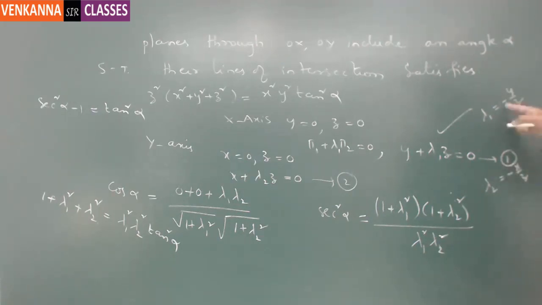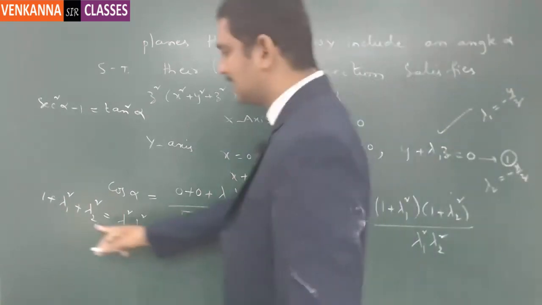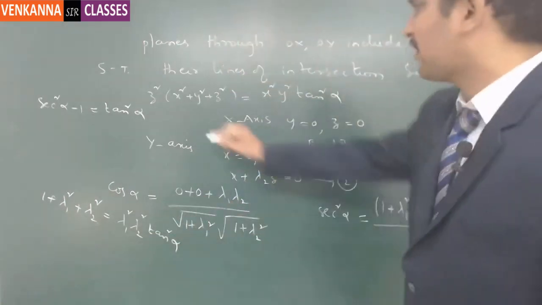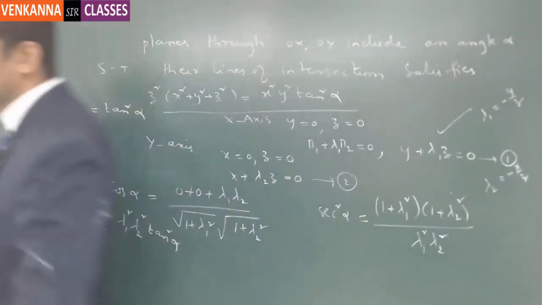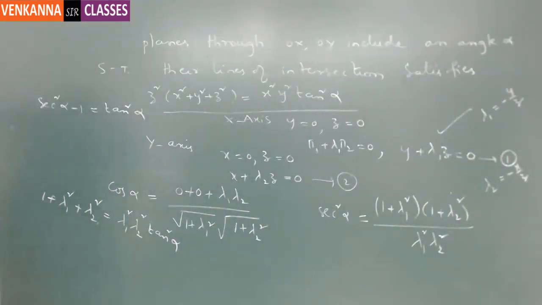So if you substitute these values in this expression, it is nothing but our required locus. You can check that on your own. It's very easy. That's all. So this is the solution of the problem. Fine.